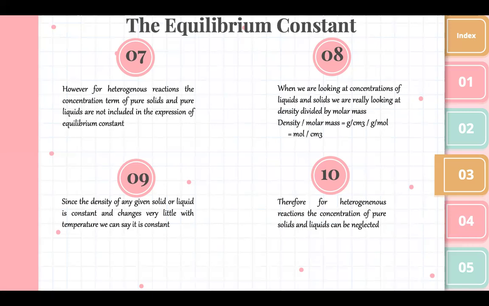You get the value in mole per centimeter cubed. Since the density of any given solid or liquid is constant and changes very little with temperature, we can say it is constant. Therefore, for heterogeneous reactions, the concentration of pure solids and liquids can be neglected.